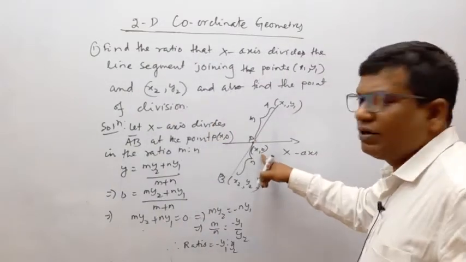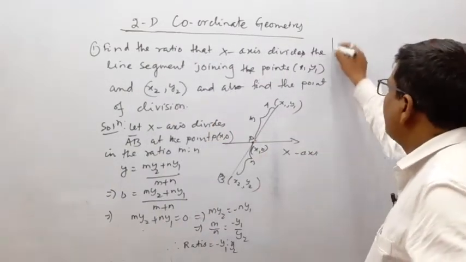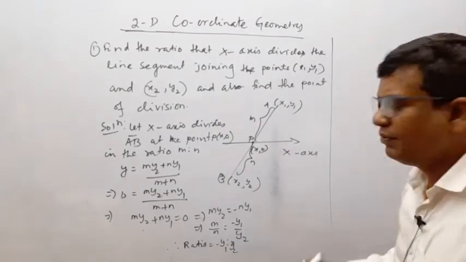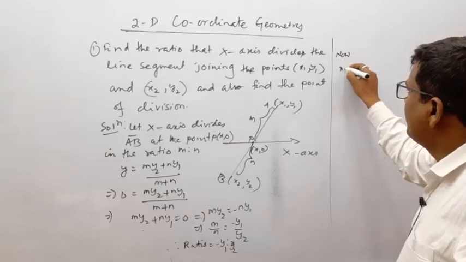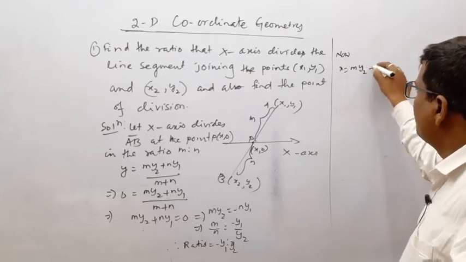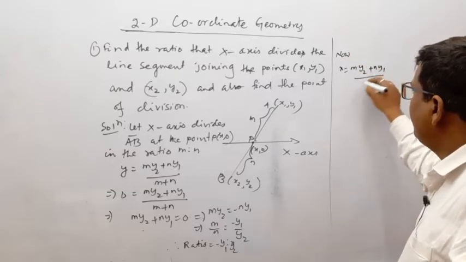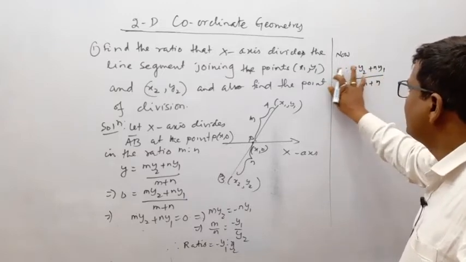We know the y coordinate is 0 here. Now the point of division: x is equal to m y2 plus n y1 divided by m plus n. This is the x coordinate.